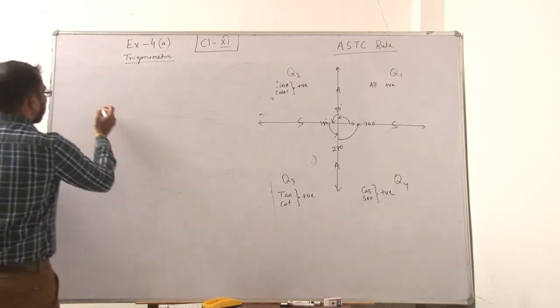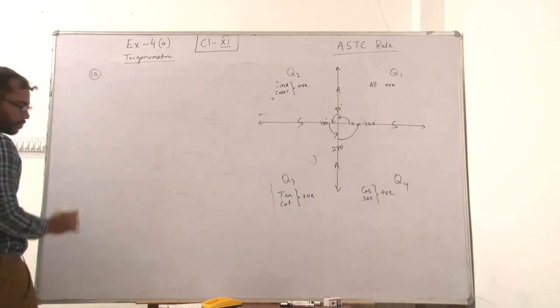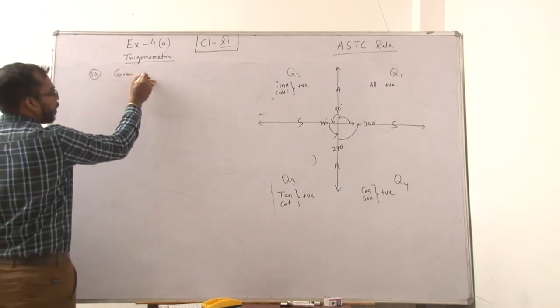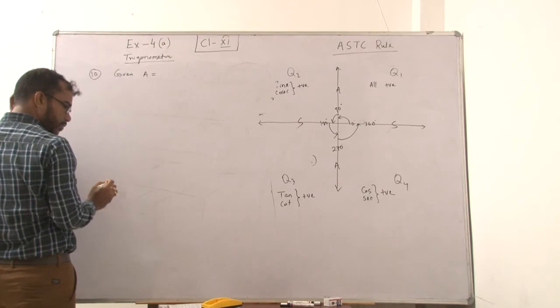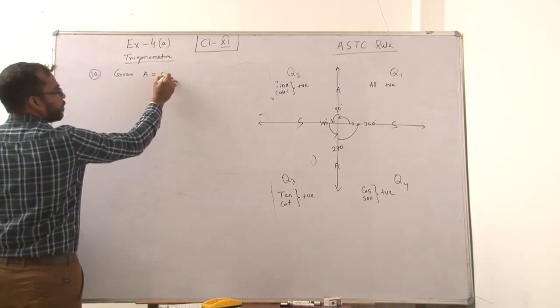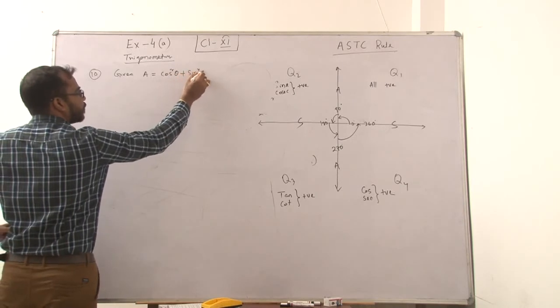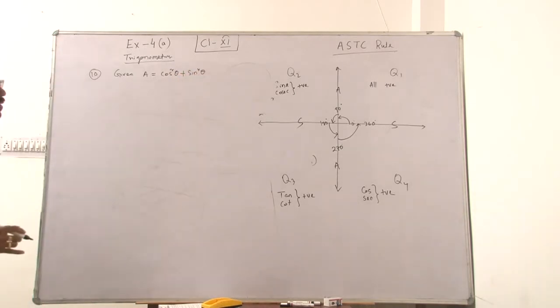That question number 10 is: the given value is A = cos square θ + sin 4 θ.